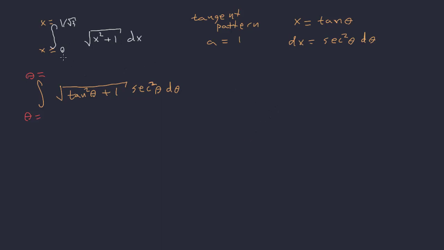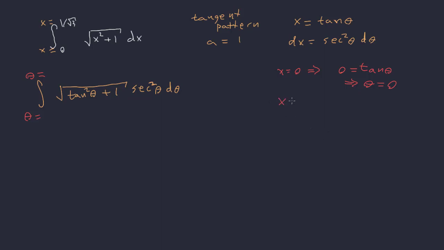So here, when x is equal to 0 for this limit, what that basically means is we're looking at what angle would make tangent equal to 0. So tangent is equal to 0 when theta is equal to 0. So we're going to be using our values from the inverse functions when we do this.